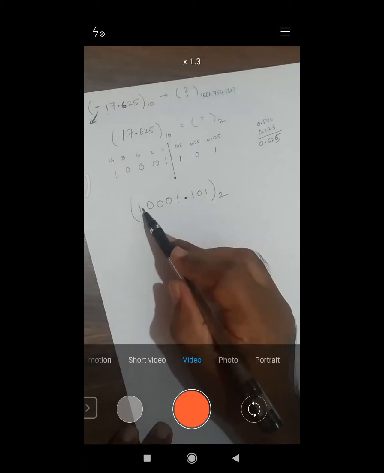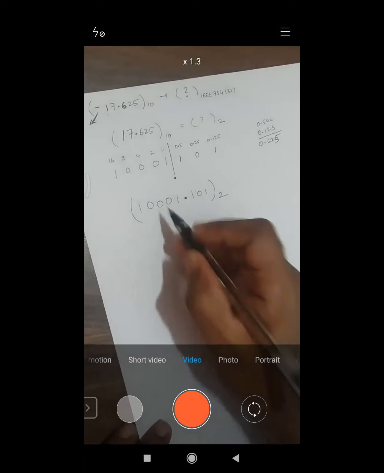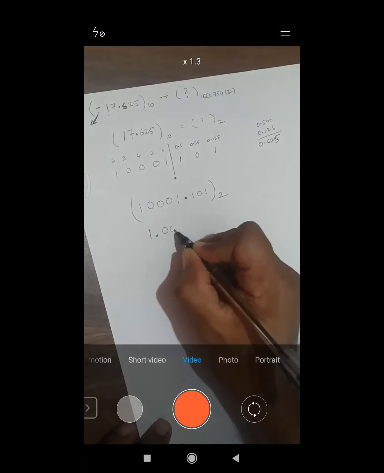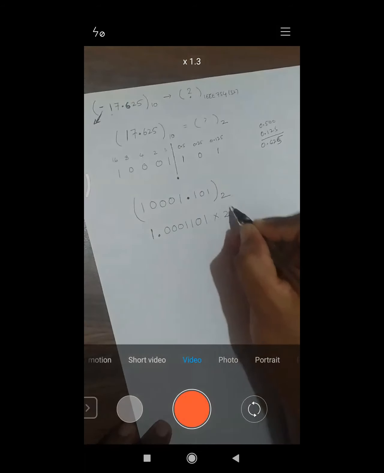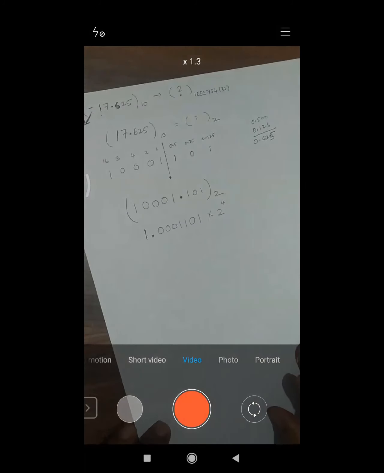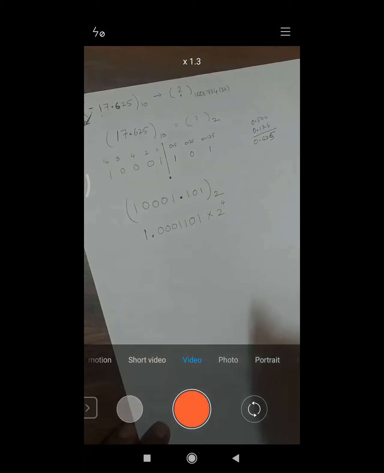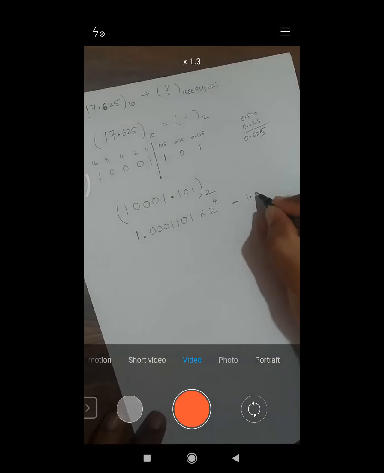So it should be one dot format: 1, 2, 3, 4. So 1.0001101 into 2 raised to 4. Do not put it in 0 dot format. Please take precautions. It should be in one dot format.